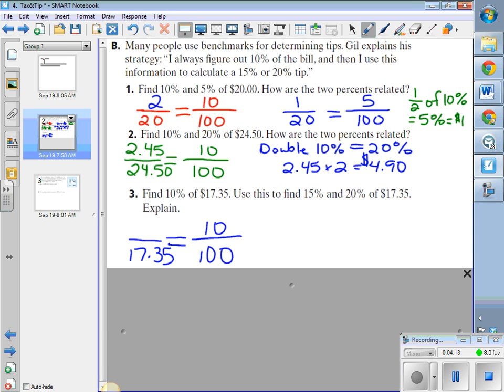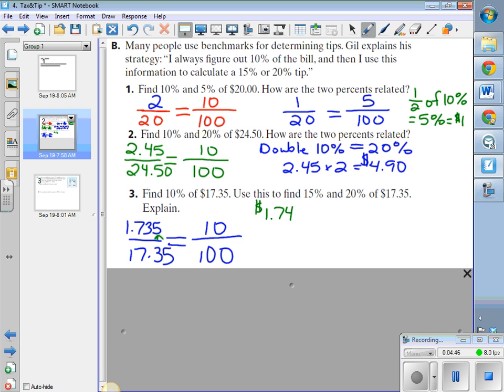Well, 17.35 times 10 divided by 100 is going to give me 1 and 735 hundredths. Well, this is money, so I can't do 735 hundredths. I've got to round this to the nearest penny, right? So we're going to round this, and it tells me to round to $1.74.